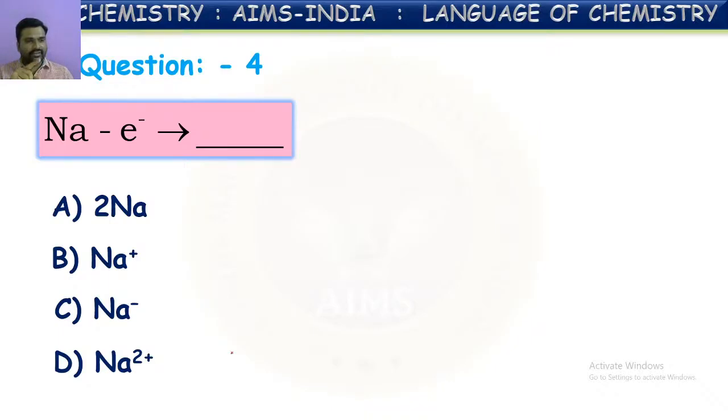You can identify that sodium is losing one electron. By the loss of electrons, elements form positive ions. If it is losing one electron, it forms a monovalent electropositive ion, and hence the correct answer is, yes, monovalent. Many of you are giving the correct answer. Very good. Na+ is the correct answer.